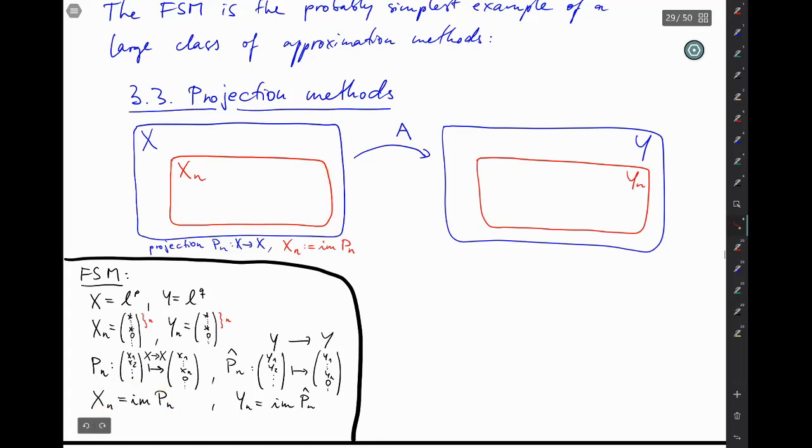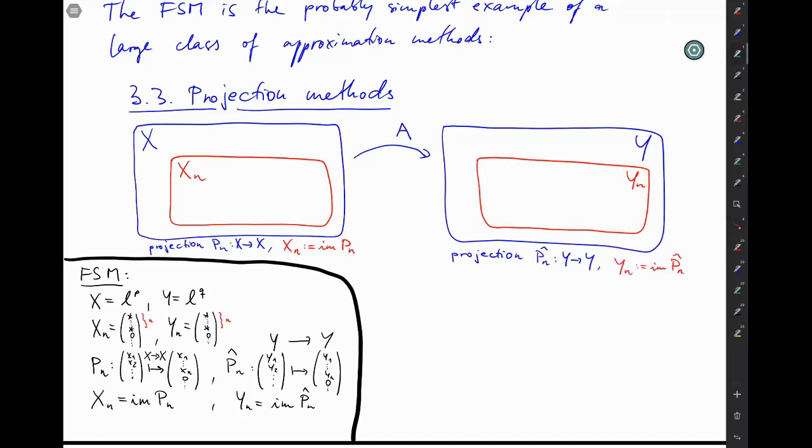Okay, and then you do completely the same thing on the other side, and because Y could be a very different space, you have different projections here. And also here you define your subspace Yn as the image of that other projection.